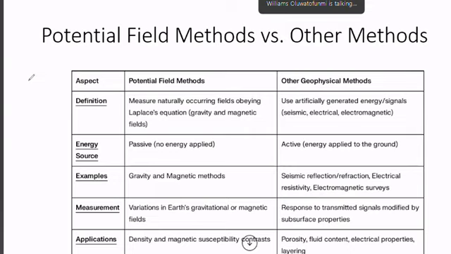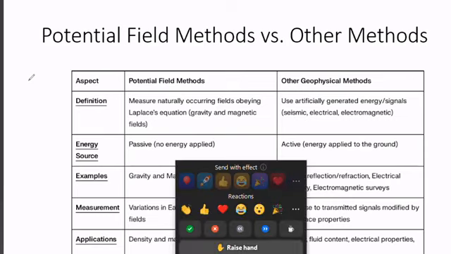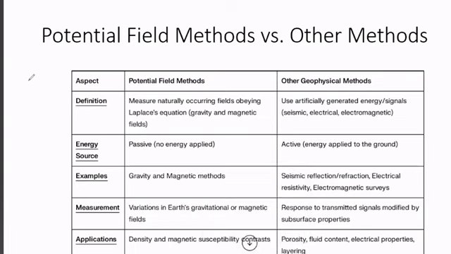The difference between potential field methods in geophysics and other geophysical methods is that potential field methods are naturally occurring, while geophysical methods are artificially generated energy. Williams, when you say geophysical methods, are potential field methods not geophysical methods? Yes or no?